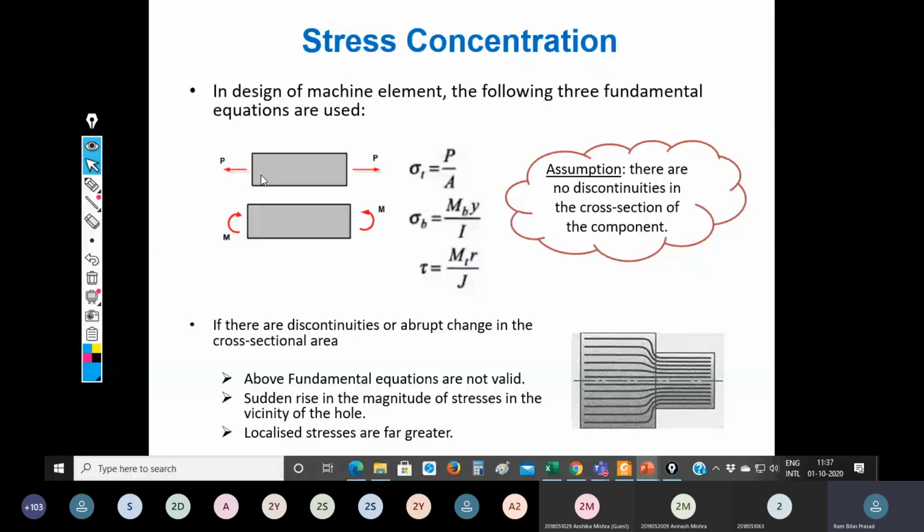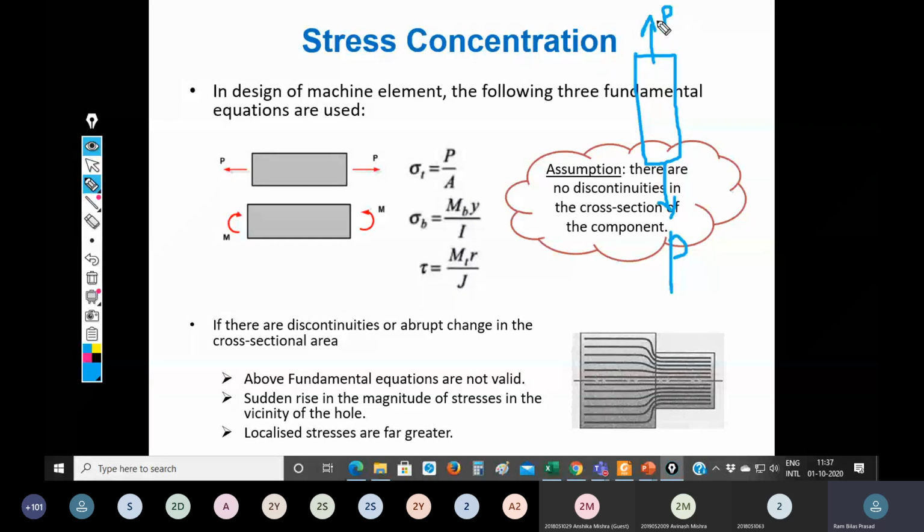So what is stress concentration? Let us understand it in this way. Suppose this is a bar, and it is loaded with a tensile load P acting on this bar.